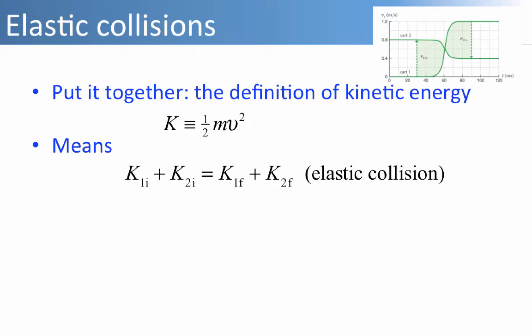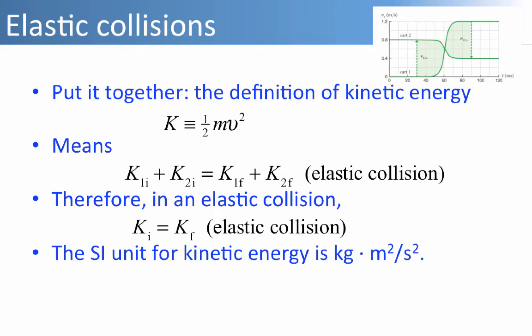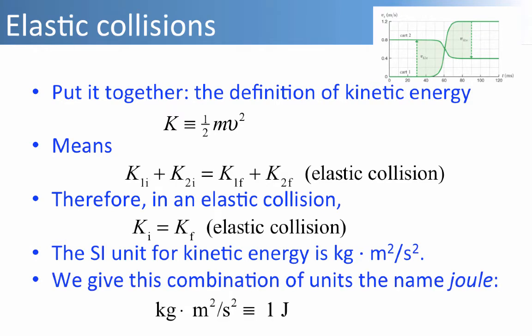The previous equation tells us that the kinetic energy before the collision equals the kinetic energy after the collision for a collision that is elastic. So, kinetic energy is conserved. And let's just make a note for units. The standard units for kinetic energy are kilogram meter squared per second squared, and we call that joules.